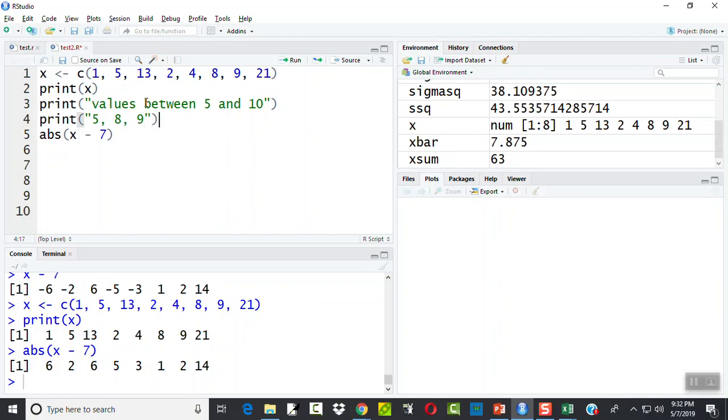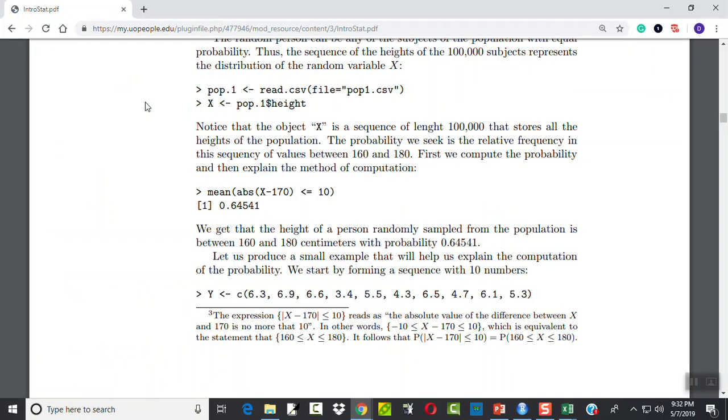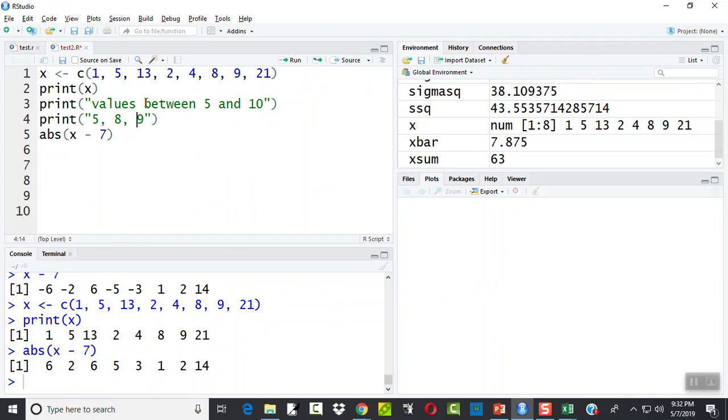So it'll be 3 of them. Okay. I might find the average between 5 and 10.